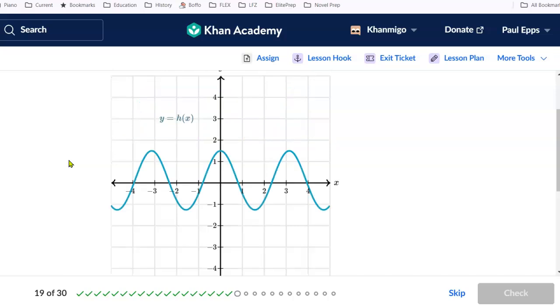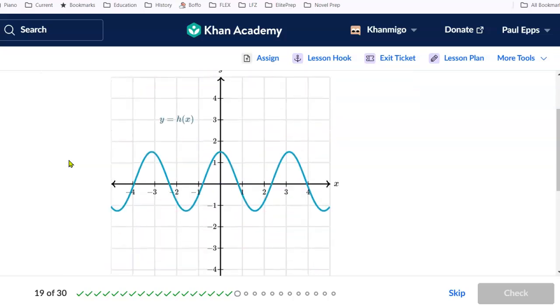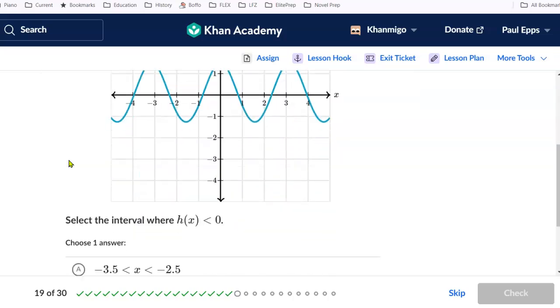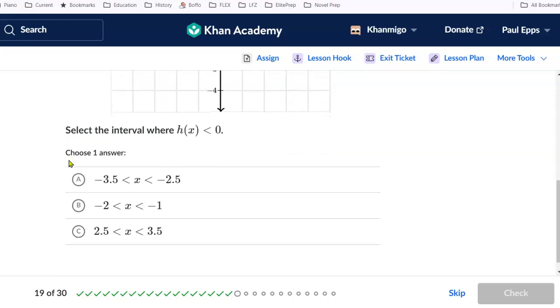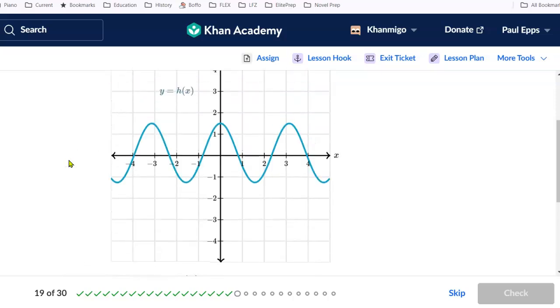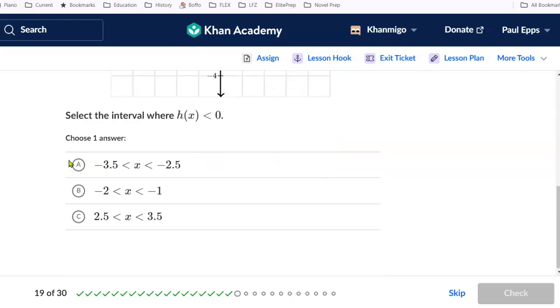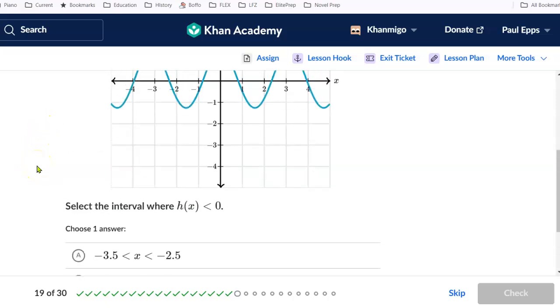All right, we got what looks like a sine wave here. Select the interval where h of x is less than 0.